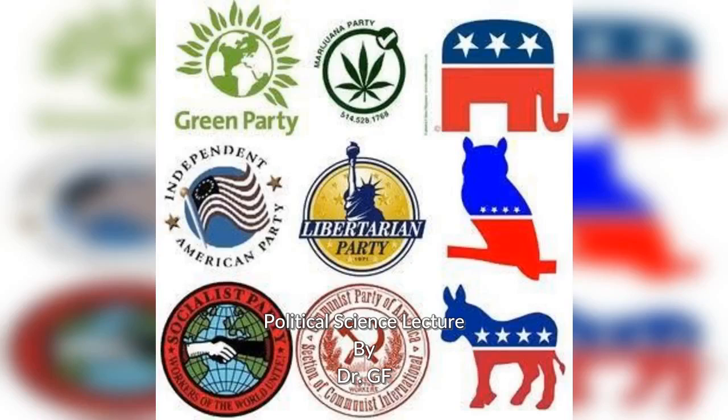The fifth and sixth party systems started from 1933. The fifth emerged with the New Deal coalition beginning in 1933. Republicans began losing support after the Great Depression, giving rise to Democratic President Franklin D. Roosevelt and the activist New Deal.